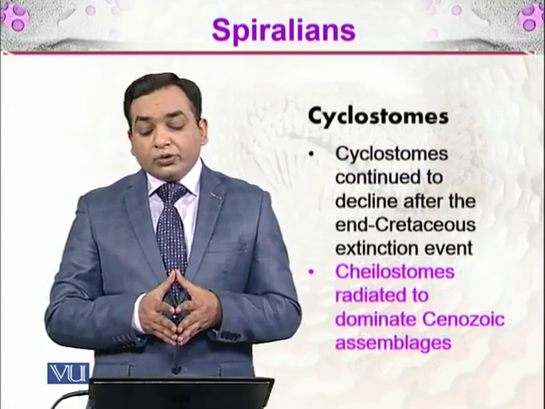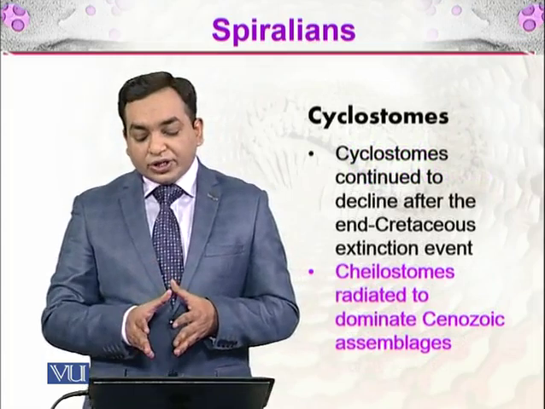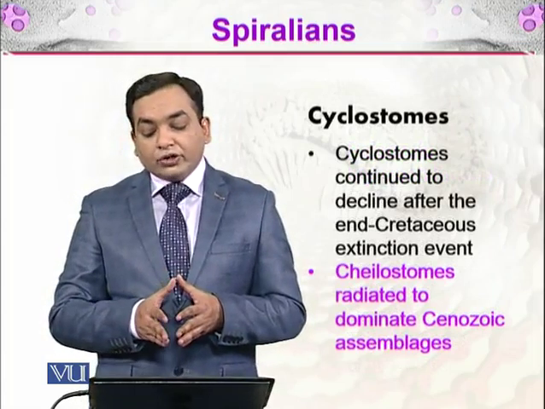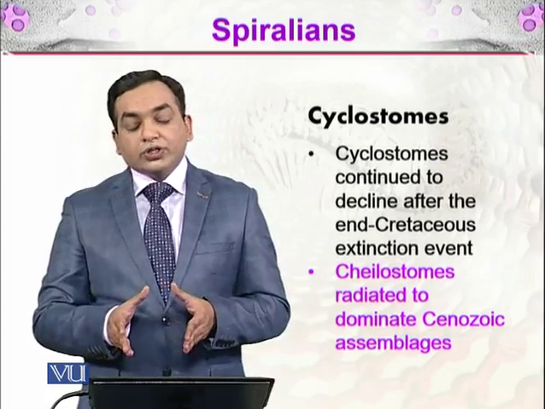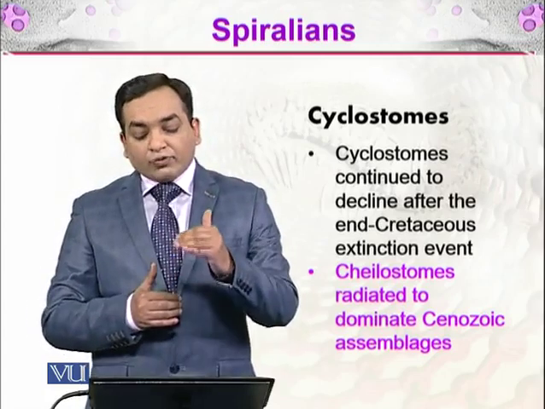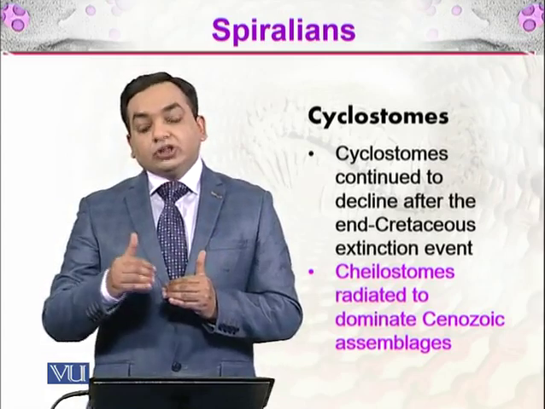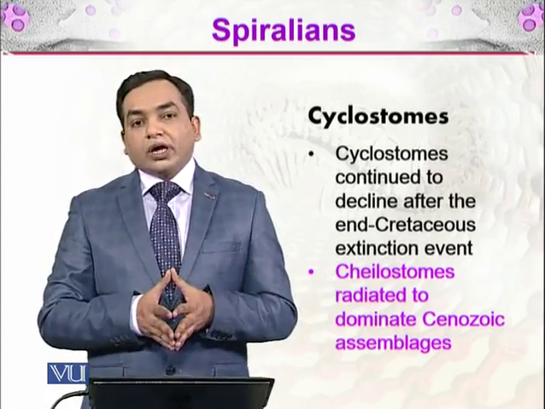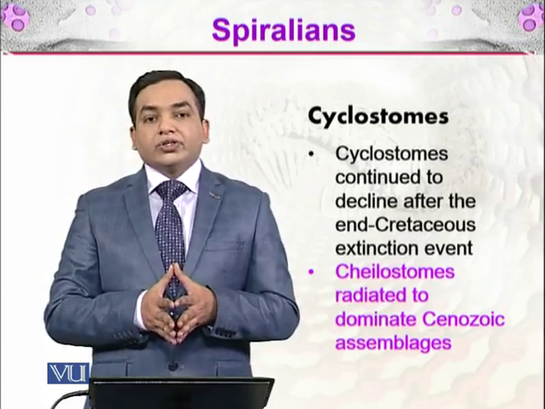The cyclostomes continued to decline after the end-Cretaceous extinction event, and the cheilostomes radiated to dominate the Cenozoic assemblage. So after the cyclostomes declined, the cheilostomes were able to take their place in the Cenozoic era after the end-Cretaceous extinction event.